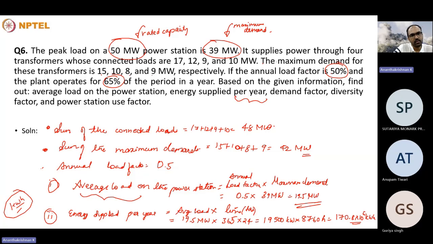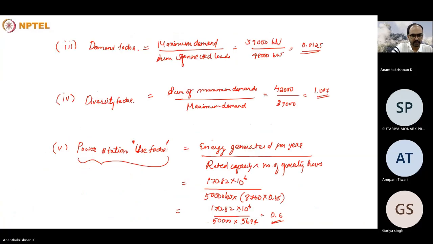So if annual load factor is given as 50%, based on that, we have determined this one, this one. The power station, based on its rated capacity, can work for only just 5694 hours.